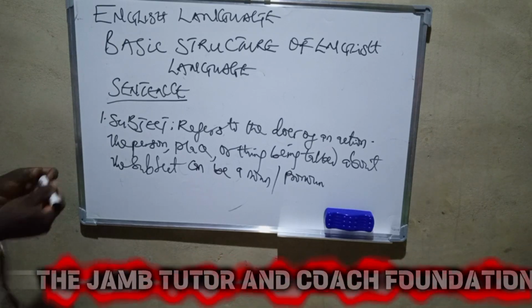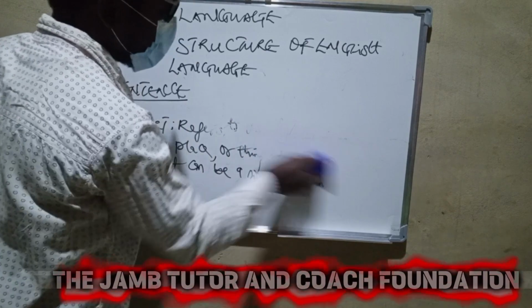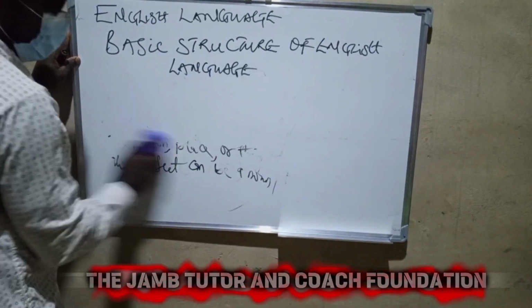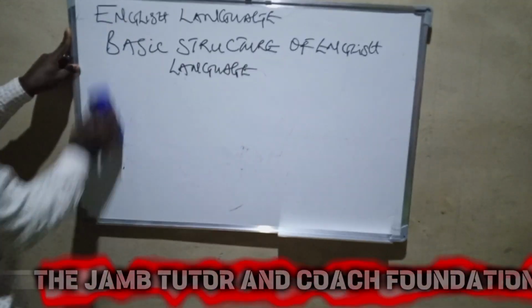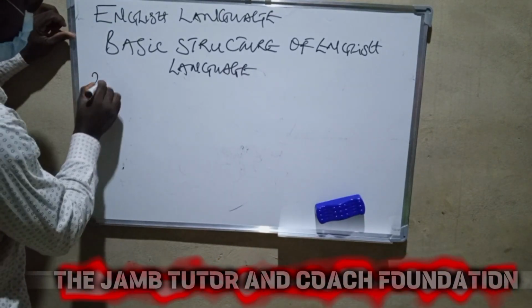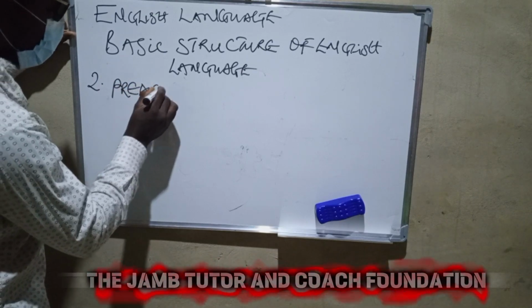So the second element of the sentence is the predicator. The second element of a sentence is the predicator.